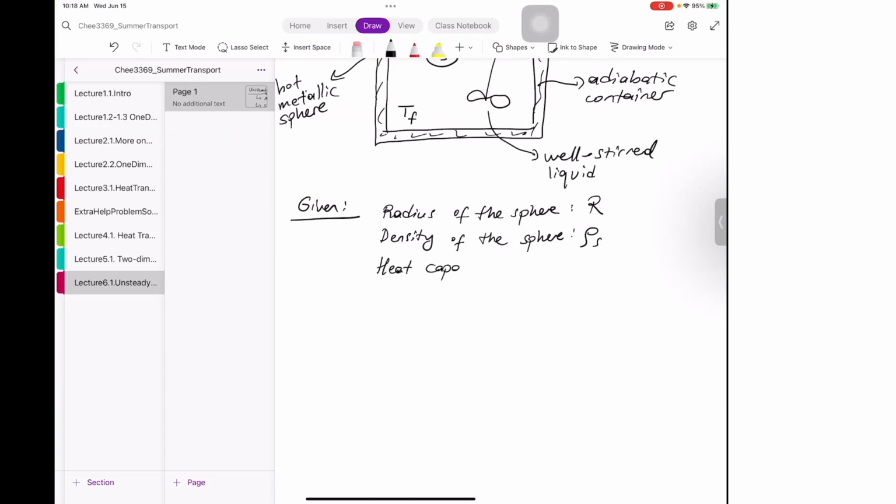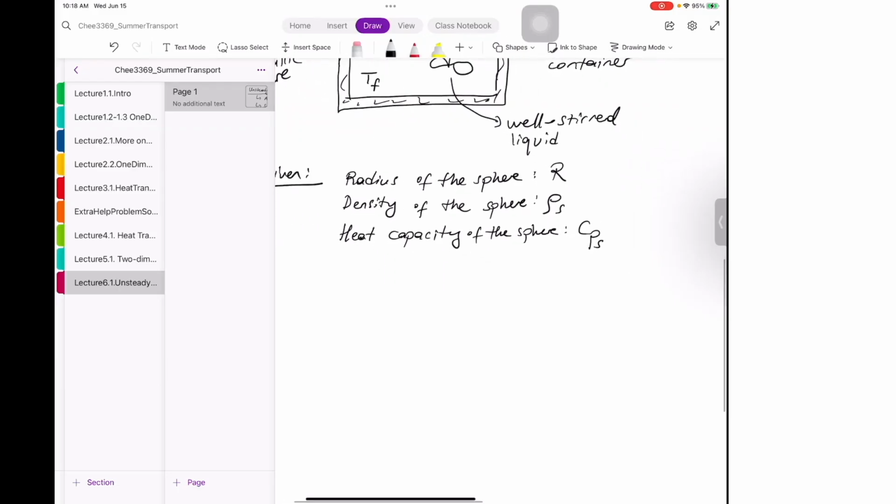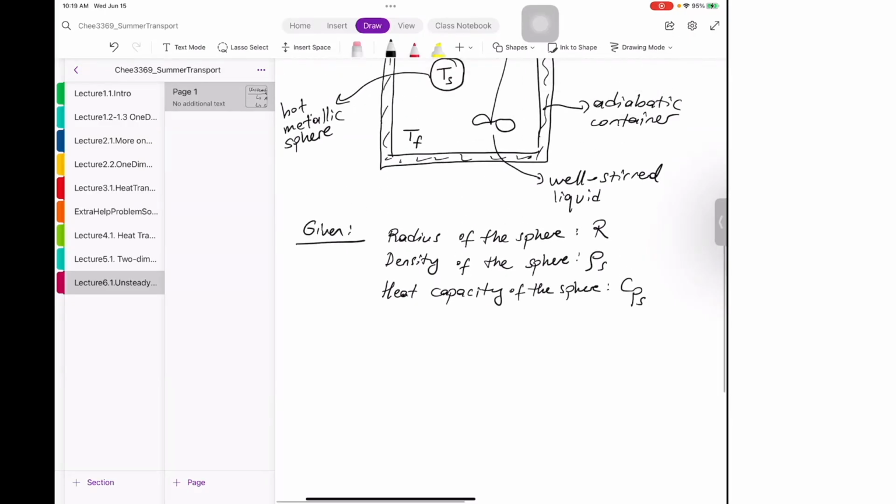Heat capacity of the sphere is given as Cps for the solid. The reason why we're dealing with densities and heat capacities of the sphere, unlike the previous problems, is because the sphere is going to cool down. So I need to take into account how much heat it's losing, and I need to relate the amount of heat to the change in the temperature of the sphere.